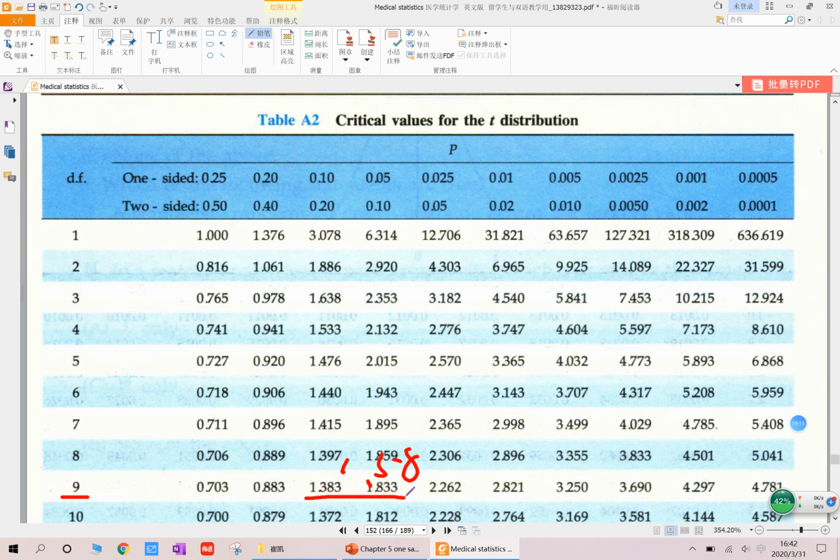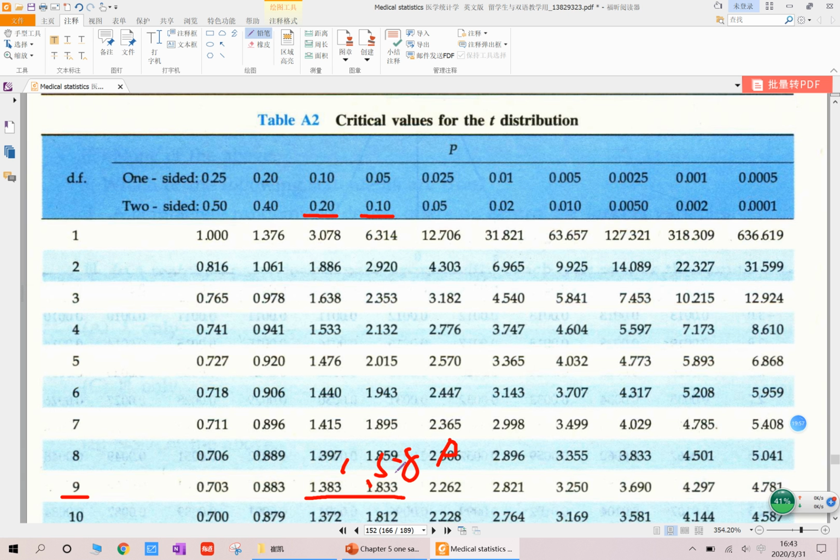So that means its corresponding probability is between these two probabilities too. And this number, 1.383, its corresponding probability is here, two-sided, because in this class we won't talk about one-sided probability, so we will just use two-sided. So its corresponding probability is 0.2. And the next number, 1.833, its corresponding probability is 0.1.